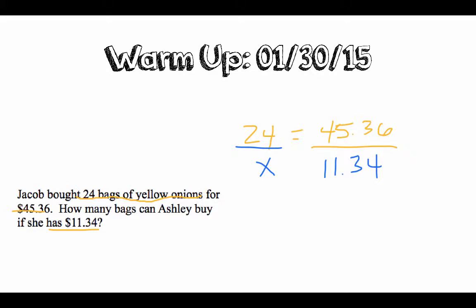So what we'll do is cross multiply here. We have 45.36x equals, sorry, I need a calculator for that one, $272.16.